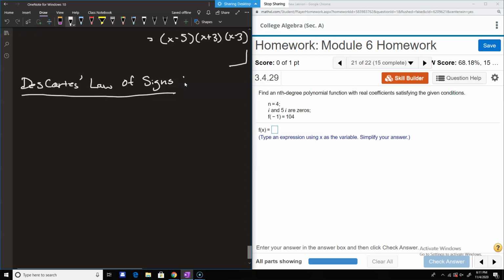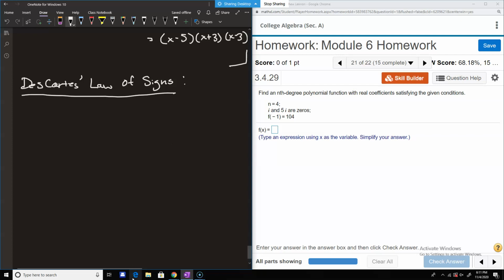Alright. Now we have to get back into Descartes' Law of Signs. It's really bizarre. It's like if you do f of x and f of negative x, you count the number of sign changes, and then the number of zeros it can have is that number or an even multiple less.